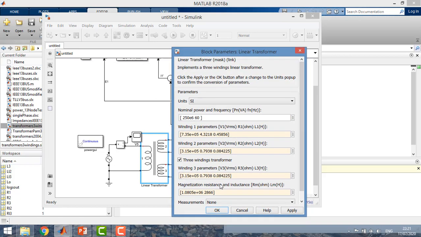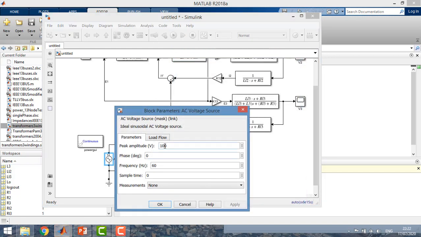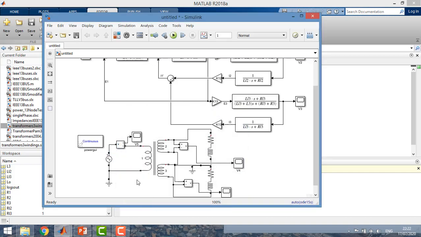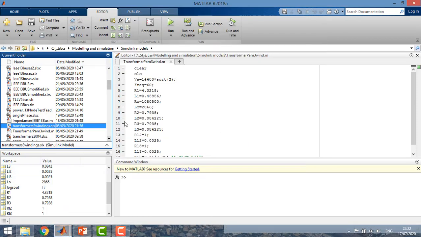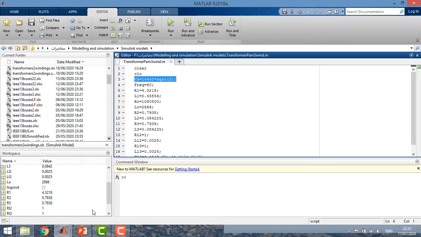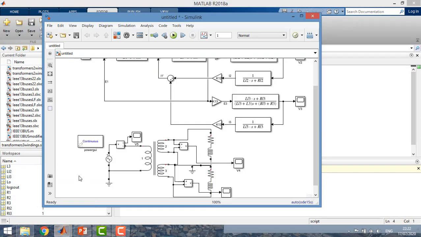As I said, I've used those parameters directly from the 3-winding single phase transformer that exists in the Simulink library. So just check that the frequency is the same. So we've said that this is exactly the peak value of the supply voltage.